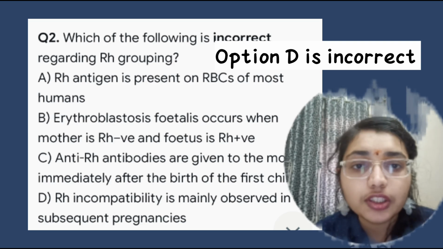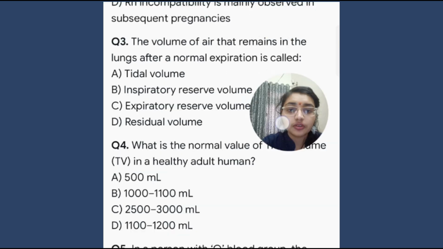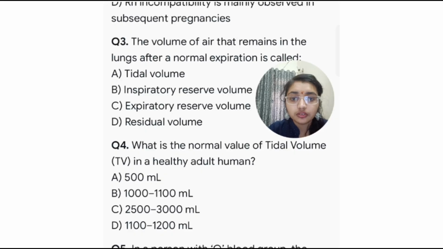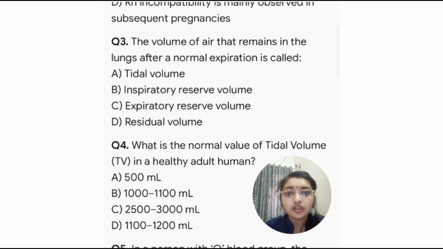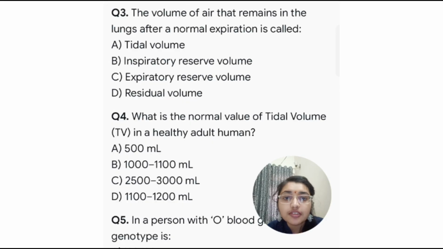Now moving on to the next question, volume of air remaining in the lungs. The volume of air that remains in the lungs after a normal expiration is called the tidal volume, or inspiratory reserve volume, or expiratory reserve volume, or residual volume. Tell me the answer.